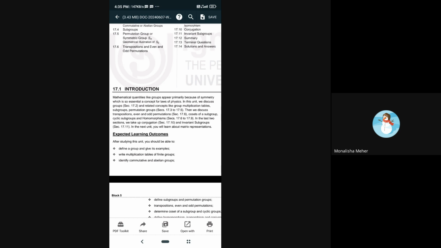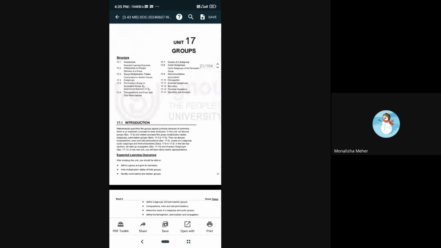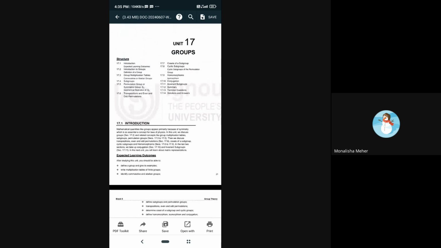So here it is written: groups and similar concepts appear in the laws of physics because of symmetry. So what is symmetry? Anybody?